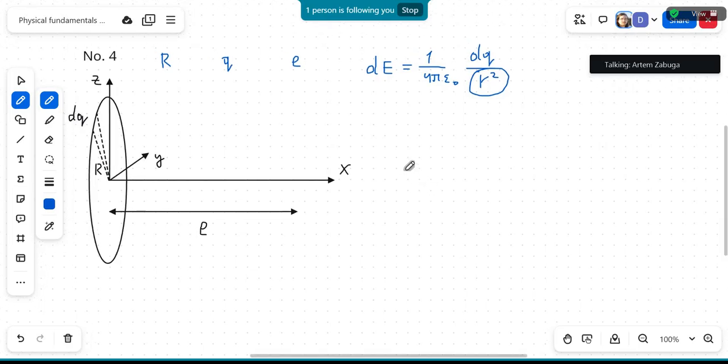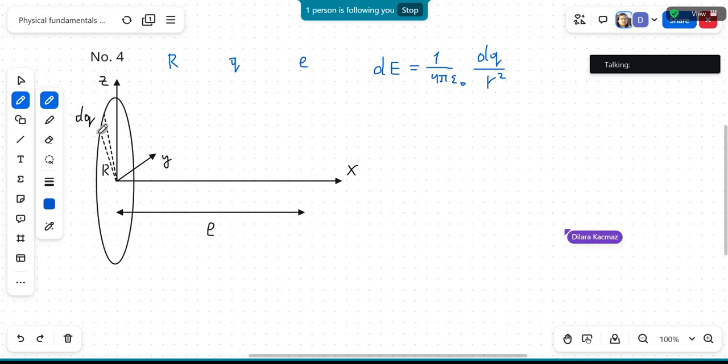And so the question is how to find this distance. Where will it be on the picture? r is the distance between dq and the point on the axis where we have to find electrostatic field intensity.